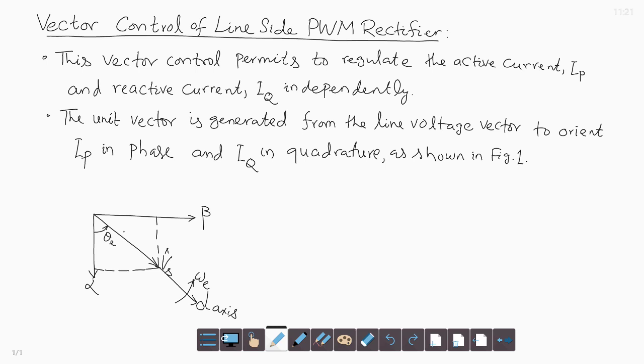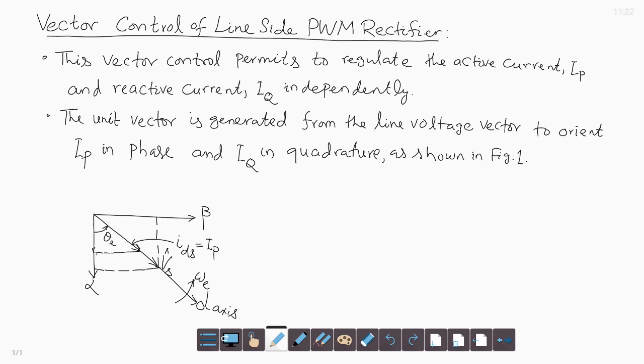And currents: this is the D axis current IDS, which is same as active current IP, in phase power or active power component IP.